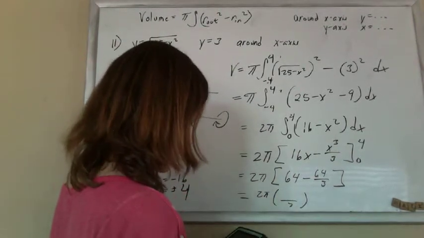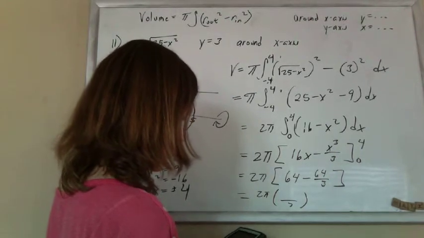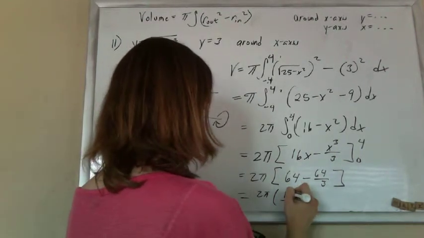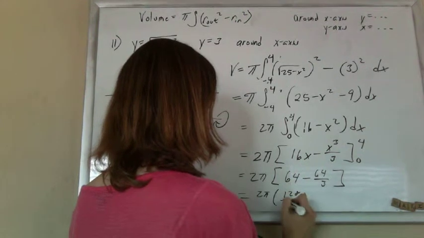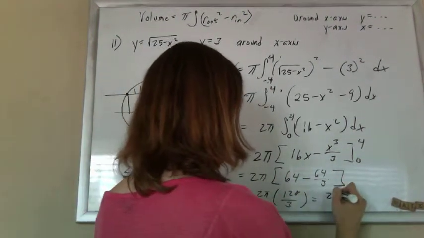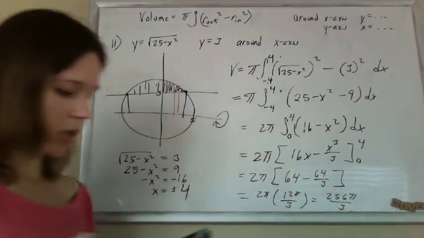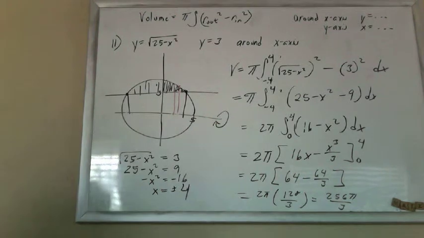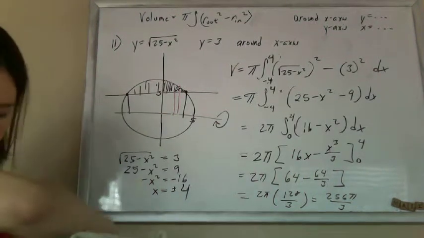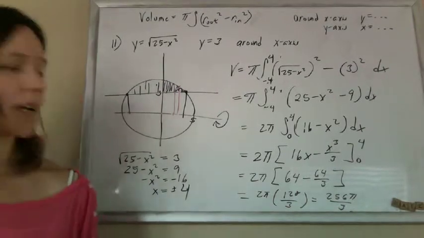So 64 times 3 minus 64 gives me 128 over 3, which should give me 256 pi over 3. And do they agree? 256 pi over 3. Heck yeah, we rule. That's it.